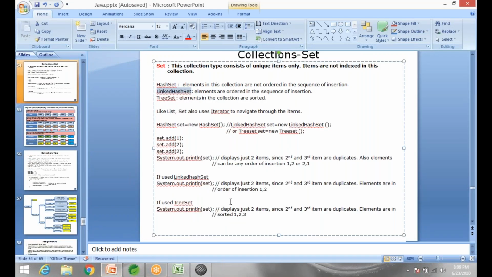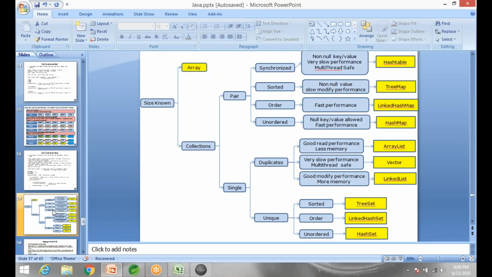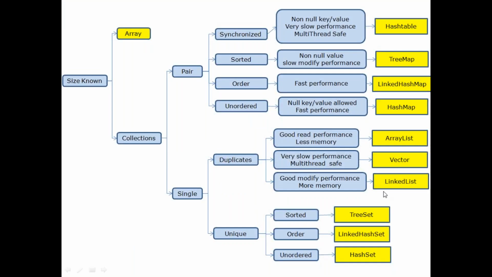All right, so just look at this chart and this will help you out in making a decision. Which one you want to choose, array or one of the list categories or one of the set categories or one of the map categories. You can decide this based on these conditions.